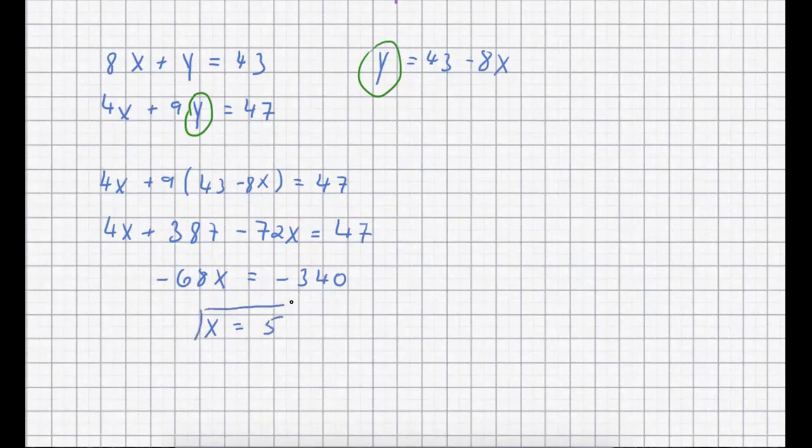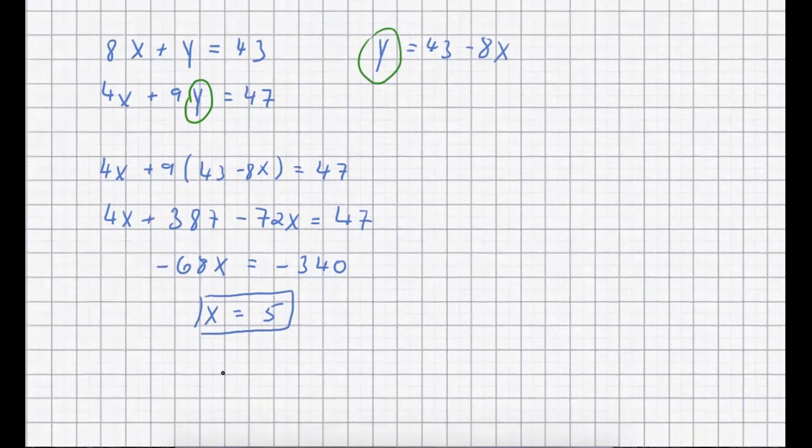Now, have we finished? No, because now we have to להציב את 5 in y. I can choose either one, right? But you have here y alone, so it's really easy. So just write here y equals 43 minus 8 times 5.